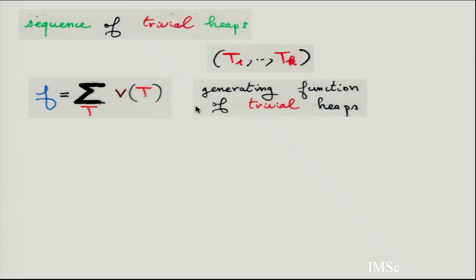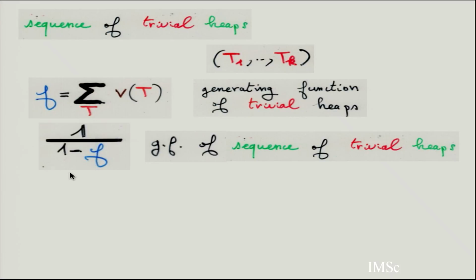So now, one of the main ideas also was that we are taking a sequence of trivial heaps. We know from the symbolic calculus that we teach in the first part of the class about the generating function: if you know the generating function of something, then 1 over 1 minus f is the generating function of a sequence of things. So I am taking trivial heaps of pieces, and this is the generating function for a sequence of trivial heaps of pieces.